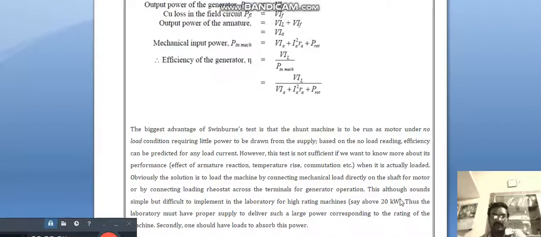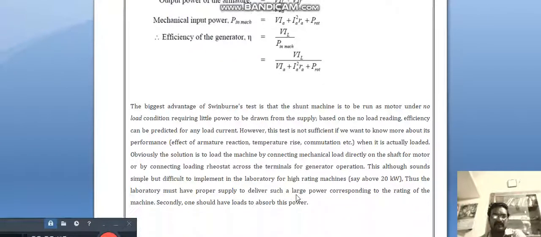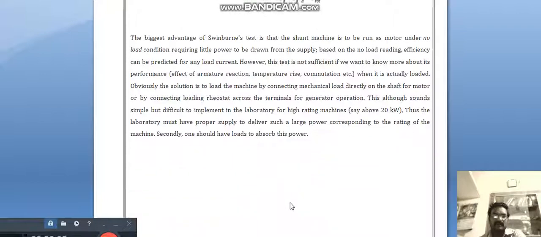This, although it sounds simple, is difficult to implement in laboratories for high rating machines, and can be used only for small rating machines. For, say, 20 kilowatt machines, we can't go for this. Thus, the laboratory must have a proper supply to deliver the large power corresponding to the rating of the machines. Second, one should have loads to absorb this power.